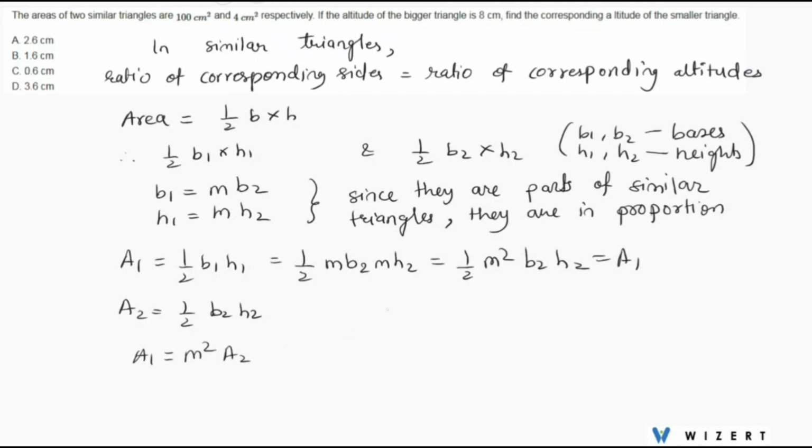Now we are given a1 equal to 100 and a2 equal to 4 centimeter. Therefore, 100 equal to m square into 4. a1 equal to 100 centimeter square and a2 equal to 4 centimeter square given.